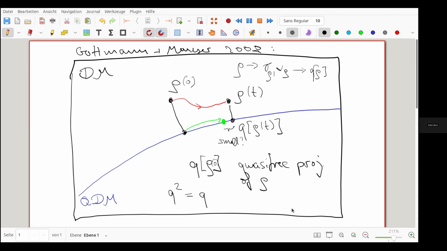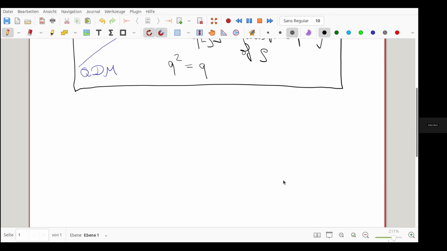They observed that if we take for a measure the relative entropy, so the relative entropy of the state rho relative to Q of rho, the quasi-free projection, then this is the infimum over all quasi-free density matrices rho tilde.